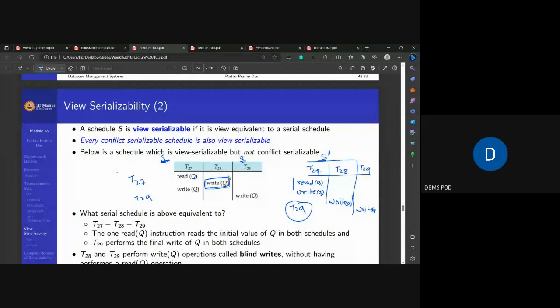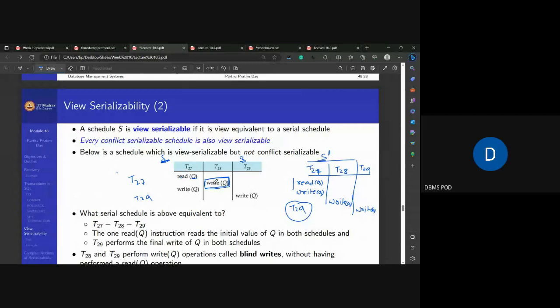So it does not matter whether T27 is performed first or T28 is performed first, as long as the third transaction T29 is maintained at the last. So the final write is in T29, and our system will still be in a consistent state.